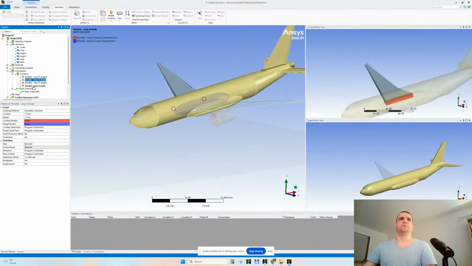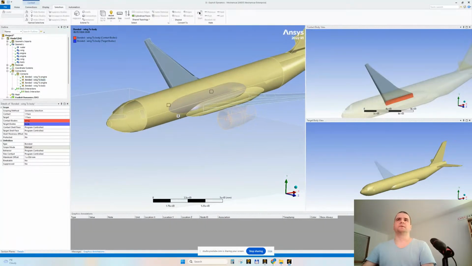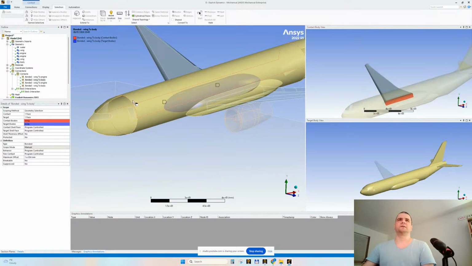Wing to body will leave them not breakable, yes. Even more, because these are shells, they maybe do not touch perfectly at the seams here.